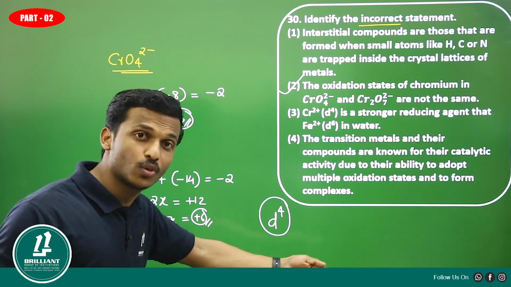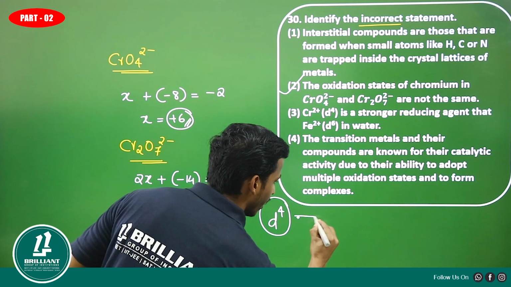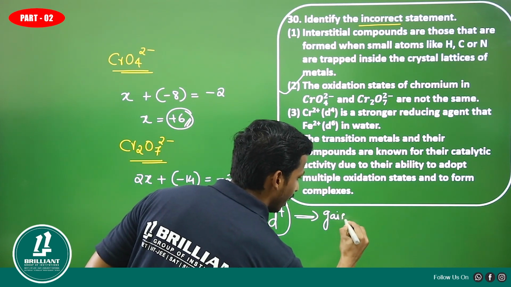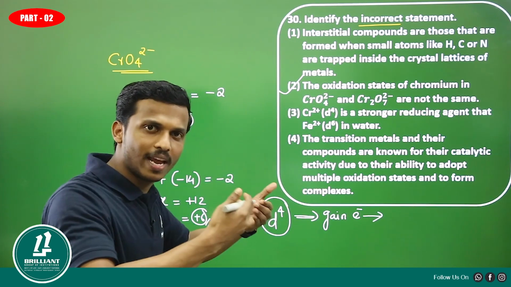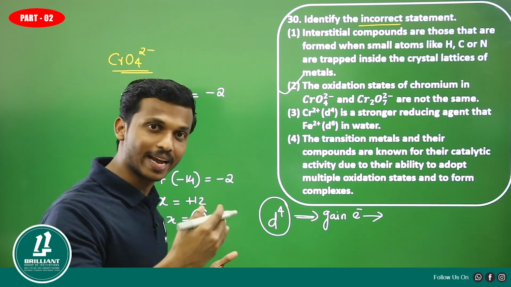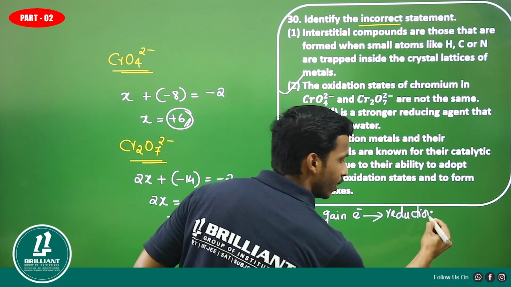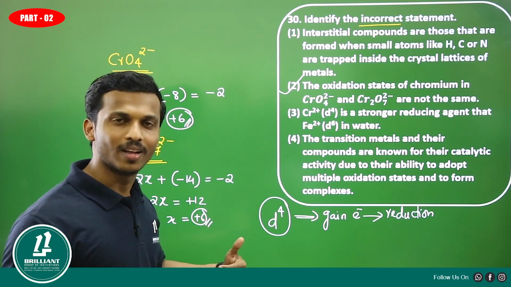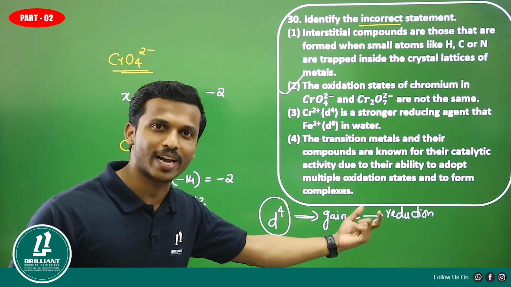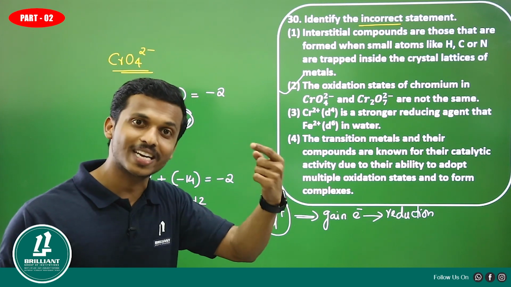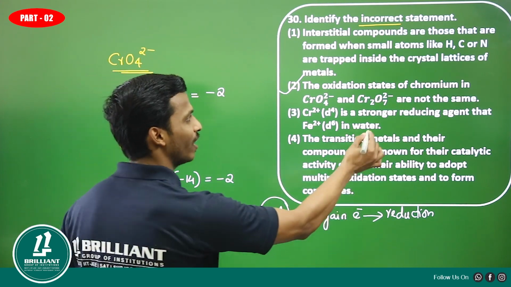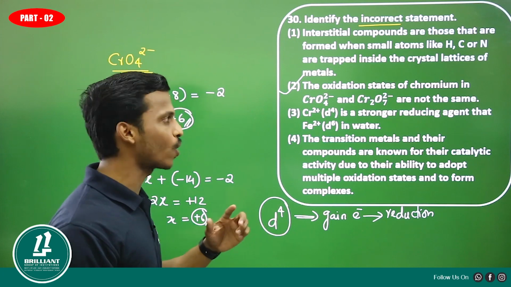So they are trying to gain an electron. Gain of electron is called reduction. The substance that undergoes reduction can act as an oxidizing agent, but they have given it as a reducing agent. That is also a wrong statement.